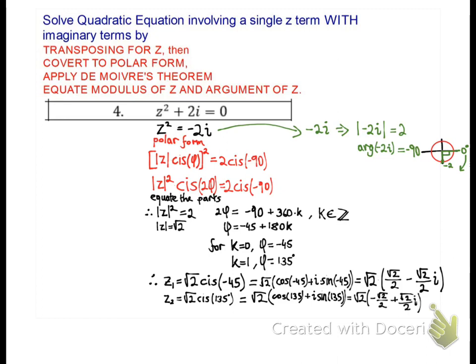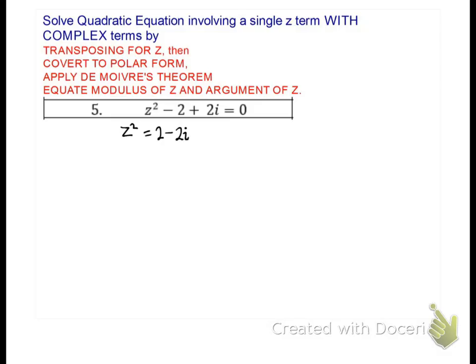Okay. And then just simplify our Cartesian form by expanding to √2. And we get this as our nice convenient Cartesian form of our solution Z1 and Z2. Not bad, huh? So let's look at a slightly more challenging problem.